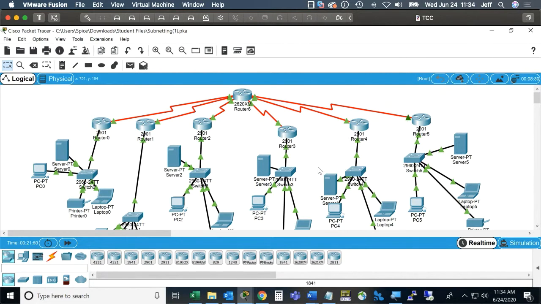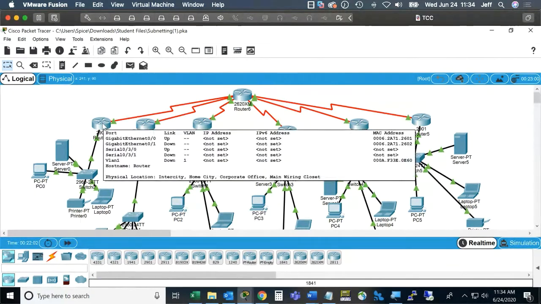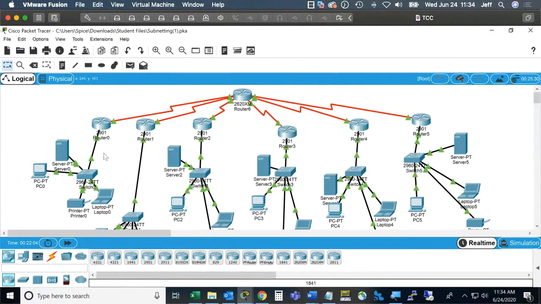We need to break it up, right? So we could break it up into, easily, 1, 2, 3, 4, 5, 6 networks. So we could take 3 bits and create 8 networks, and then this could be a network, this could be a network, this could be a network, right?